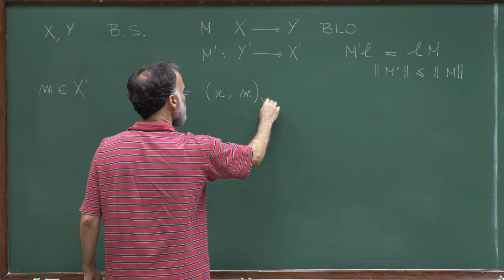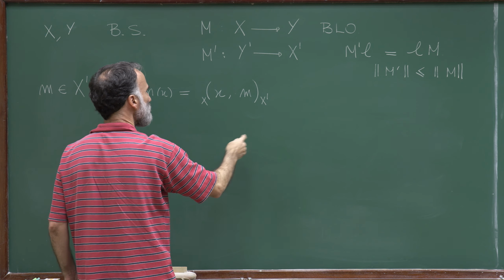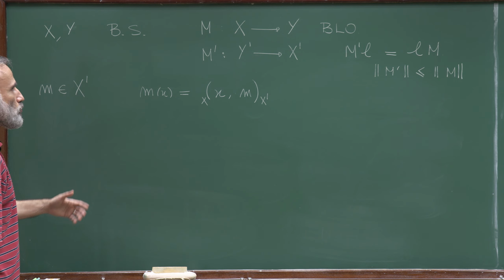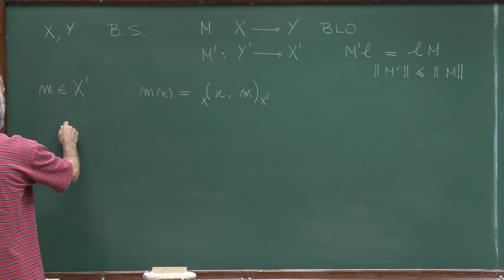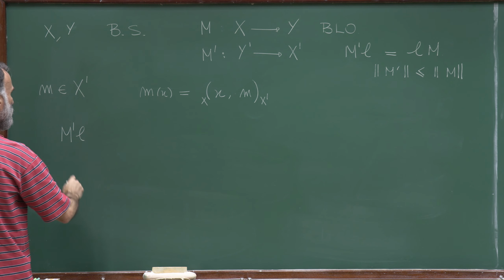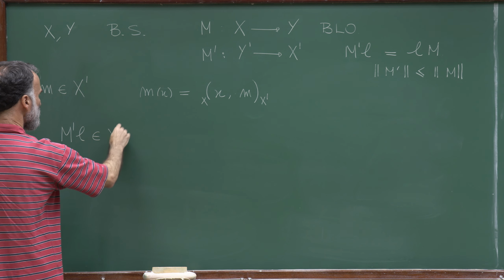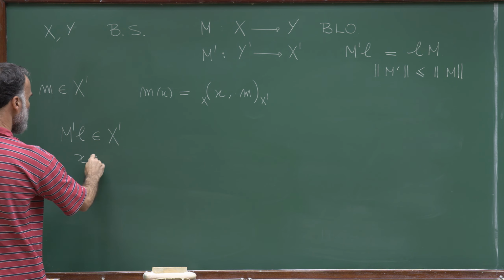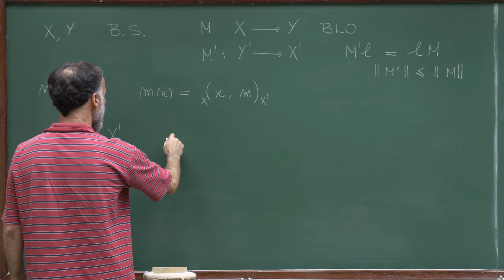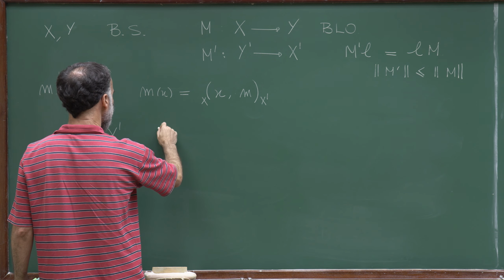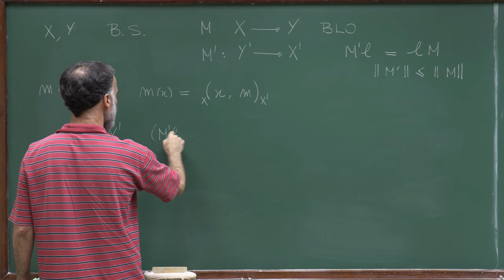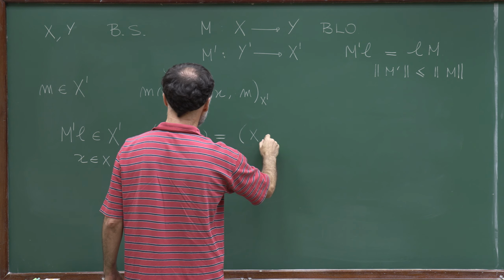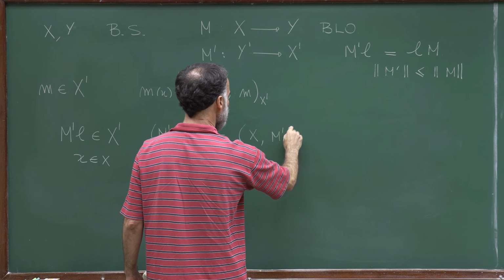So this is an element of X prime, and this is an element of X. Sometimes it will be an element of Y prime and an element of Y. So now I have M prime L, which is a bounded linear functional on X. So if I take an element x in X, by my new notation, M prime L computed at x is written as x M prime L.